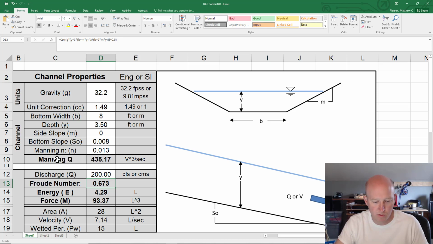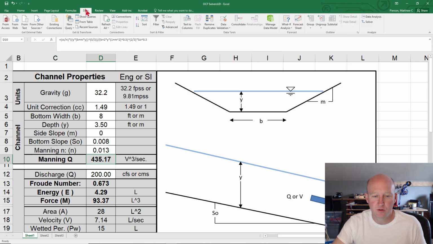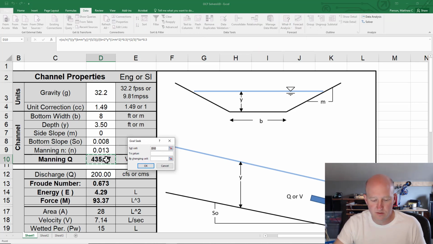What we want to do is set the Manning flow rate equal to the 200 that we're in to. This would tell us what the depth would be in this channel if we had 200 CFS going down it for a really long distance. To do that, we'll goal seek. We're going to set this cell here equal to 200 by changing the depth.